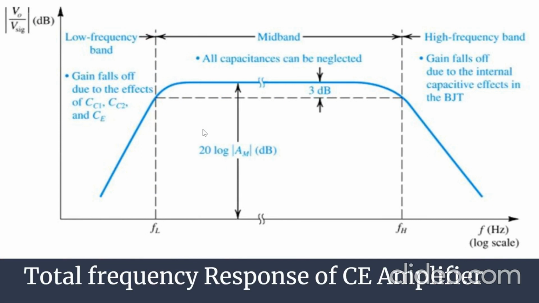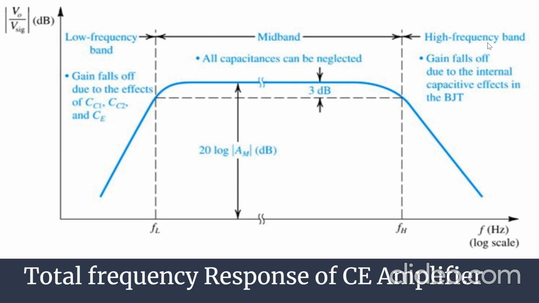So at last we obtain the total frequency response of a common emitter amplifier, including the mid-band range, high frequencies, and also the low frequencies. In the mid-band range, for every value of frequency the gain does not change and remains the same. In the low frequency band, the gain falls off due to the effects of the coupling capacitors and the emitter capacitors.